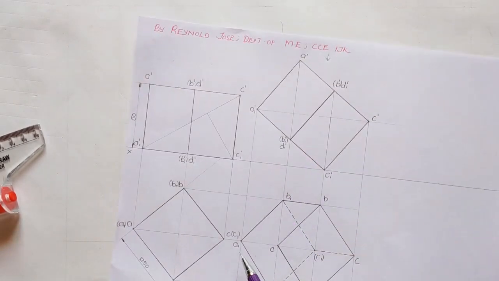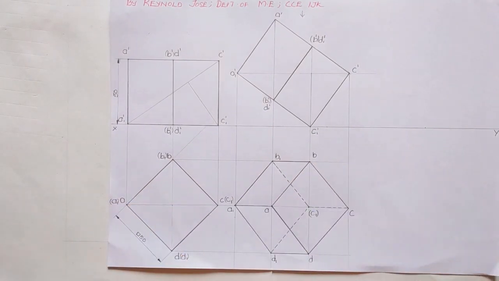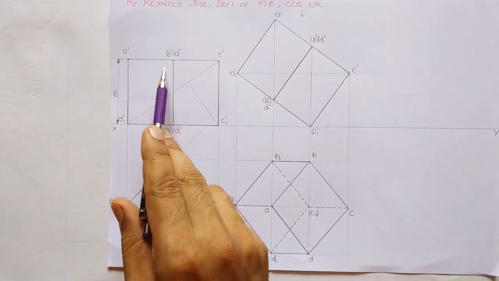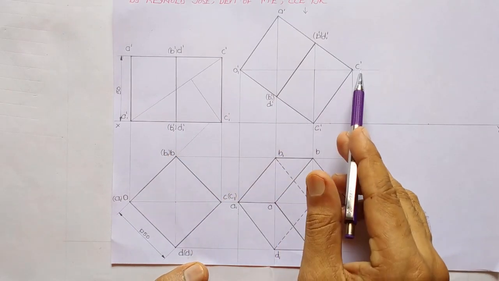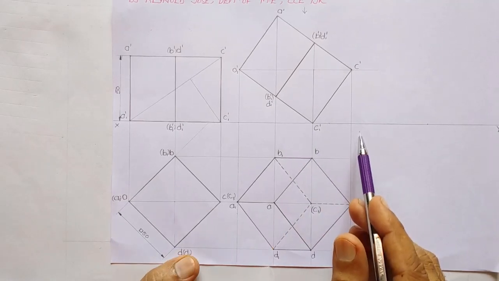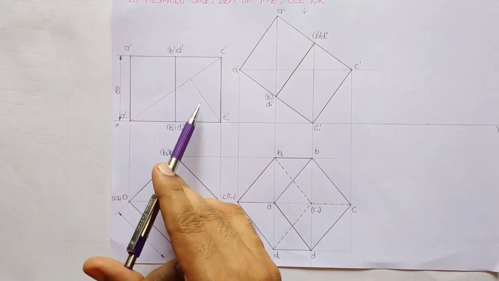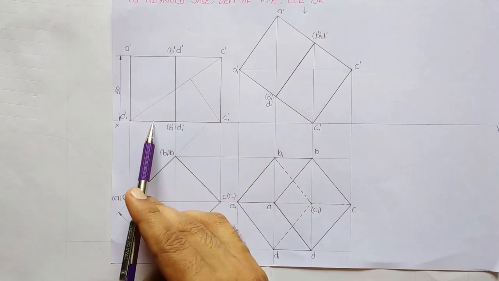So definitely A1 will be visible. We have to draw it as a thick line. So this is our second top view. What we have done is we have reconstructed this front view such that the body diagonal A dash C dash is parallel to the XY line. We have done it with the help of a perpendicular connecting C1 dash and this body diagonal.